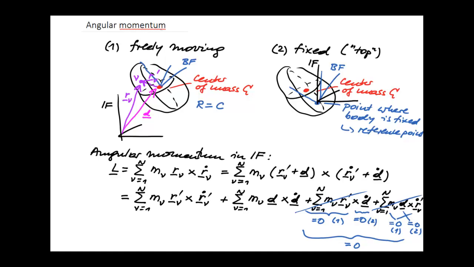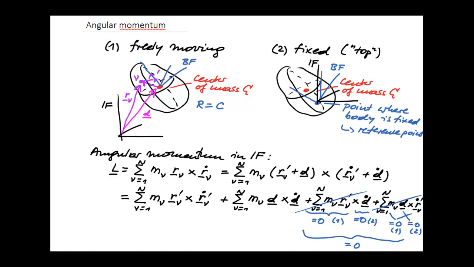As for the sum over m nu d vector product with d dot, in the second scenario this vanishes too, because again d and d dot are equal to 0.